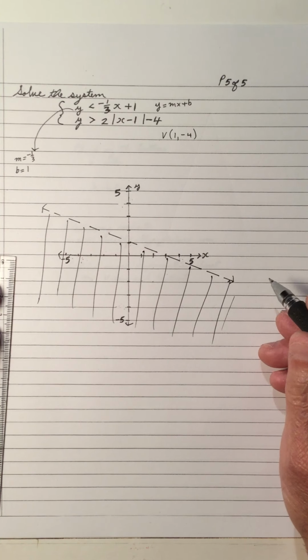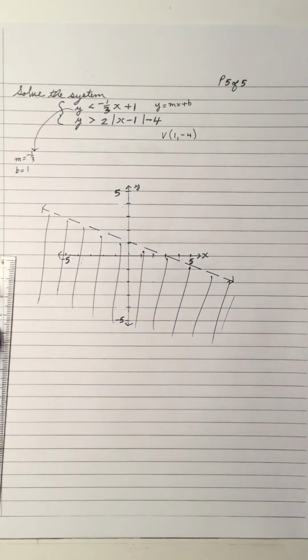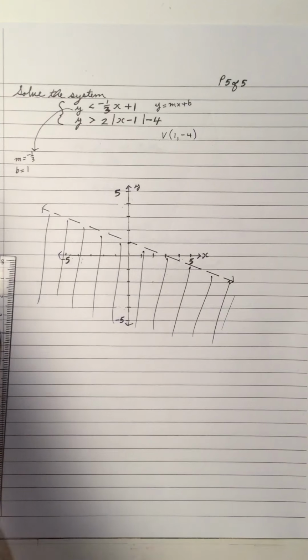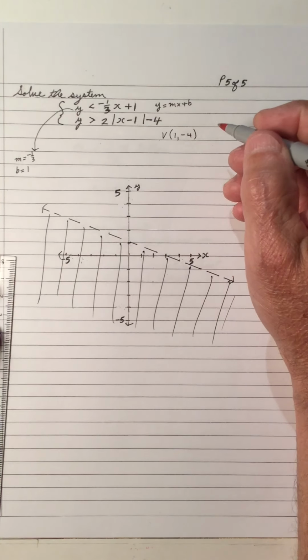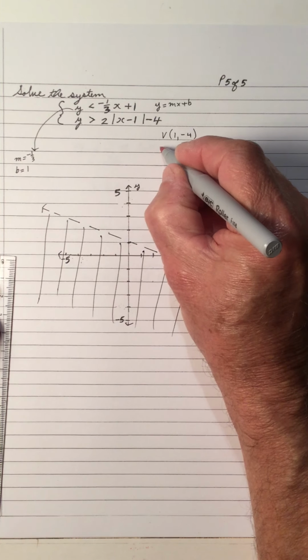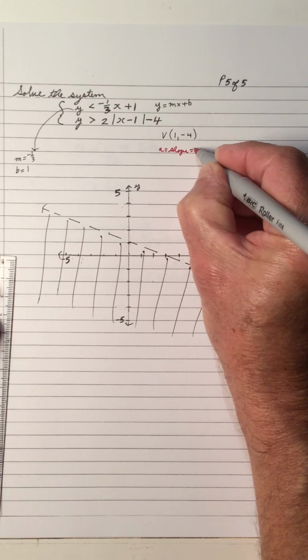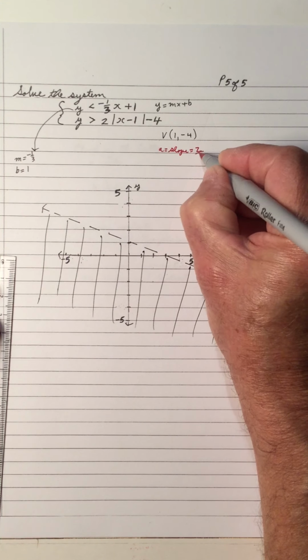So there's the shading. Excuse my arm for a second, let's graph the absolute value with a red pen, so we can see where the overlapping is occurring. The a, which is my slope, is 2, which is 2/1.